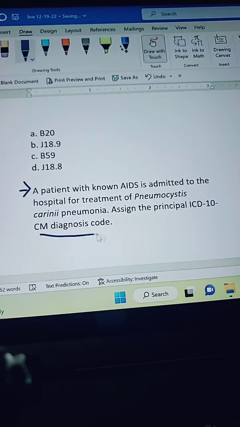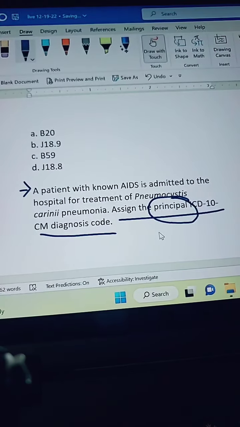Always go to the last sentence. See what they want you to code first. This is going to be for the very first diagnosis code of the day. Some people learned in our class today that some of the questions asked them for the secondary code, not for the primary one. So you got to pay attention to what your question is asking you. Don't assume what you think they're wanting you to code.